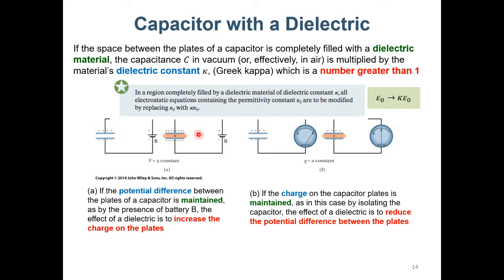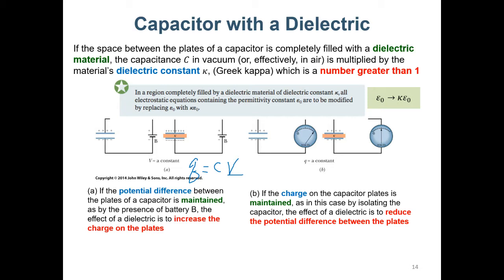Since Q equals CV and V is unchanged, for the left case Q is smaller, so C is smaller. For the right case, Q becomes larger, so C becomes larger. This is the effect when you plug in the dielectric slab to replace the air or the vacuum.